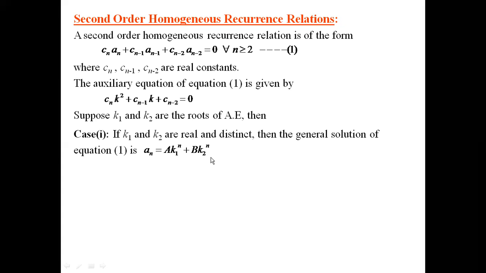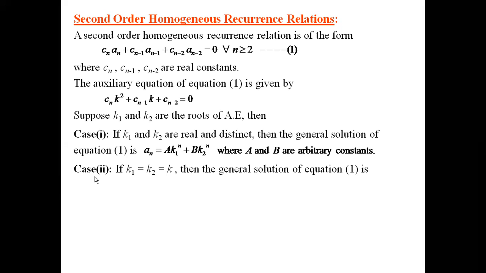K1 and K2, remember, are the roots of the auxiliary equation, and A and B are the arbitrary constants, which we can obtain by using the given initial conditions. So this is case 1, where the roots of the auxiliary equation are real and distinct.